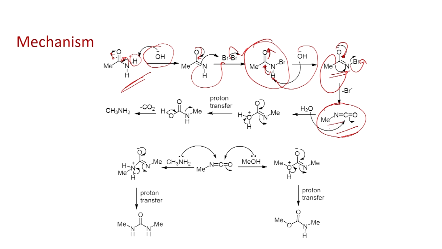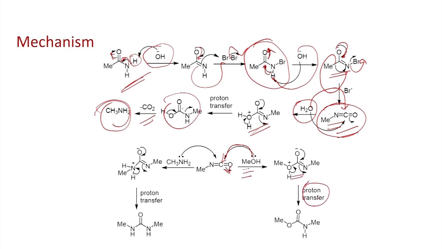Once you have the isocyanate, as we have just seen, addition of water will be able to form this intermediate. Now proton transfer can lead to the formation of the amine, and this one can lose carbon dioxide, and you will be able to form methylamine as the product. Here the reaction of methanol is shown. The addition of methanol to the isocyanate can give this intermediate.